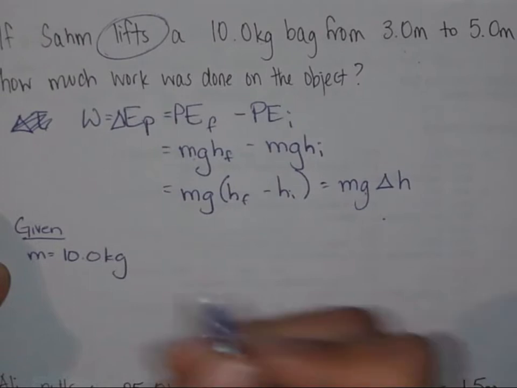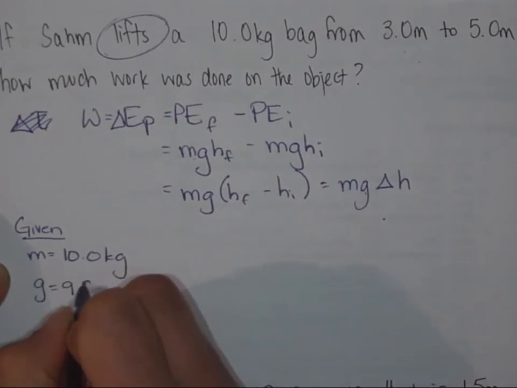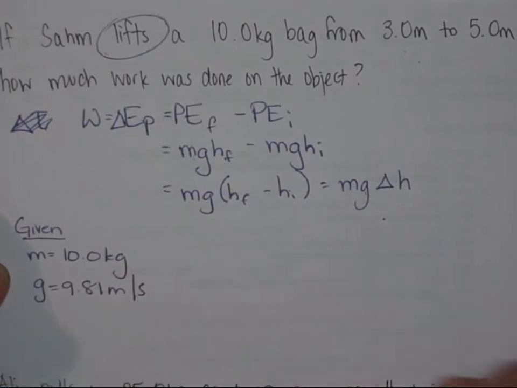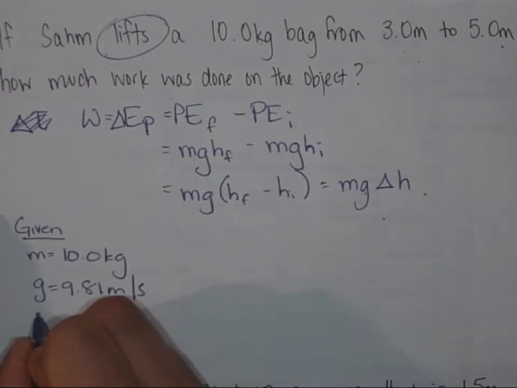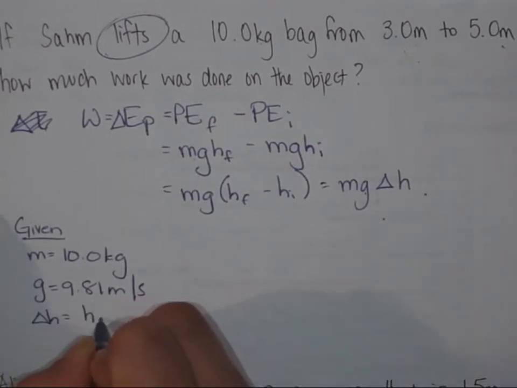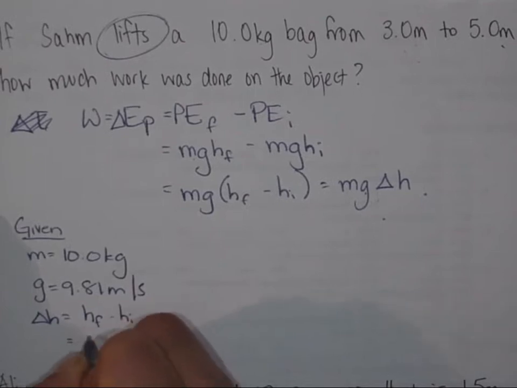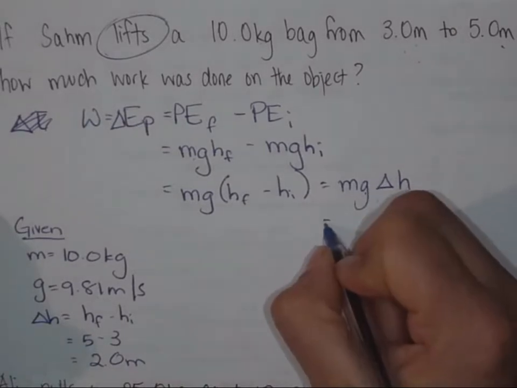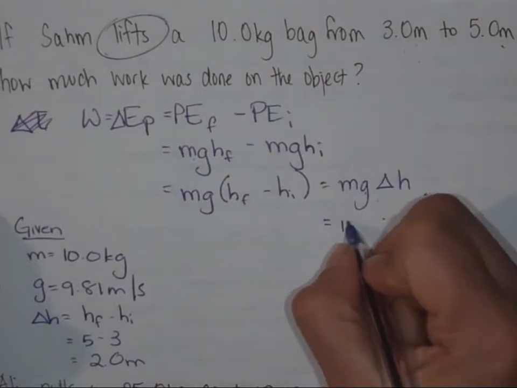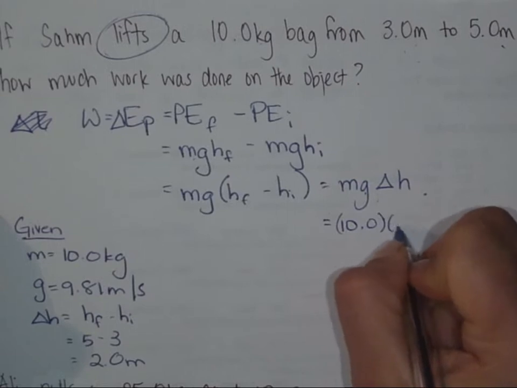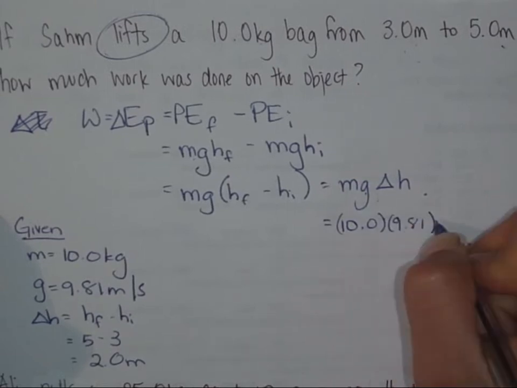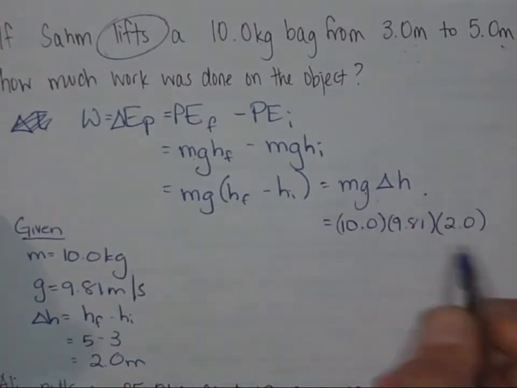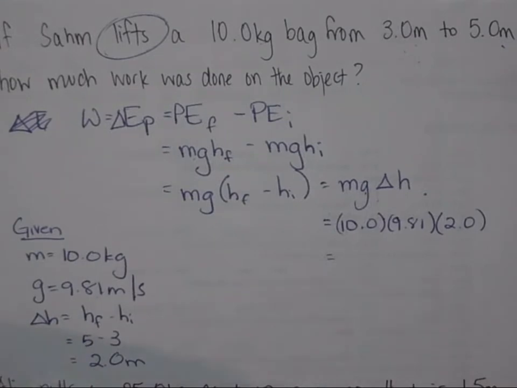We also know gravity. Gravity equals 9.81 meters per second squared. And we also know the change in height. The change in height is hf minus hi, or 5 minus 3, or 2.0 meters in this case. So that means I can simply plug in mass times gravity times 2.0, and I can calculate it.